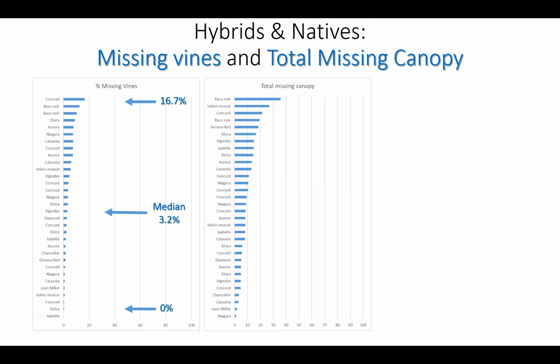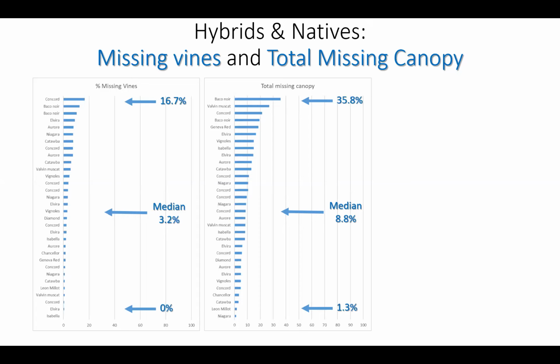So again, in the natives, a median of 3.2 up to 16.7 was the range there. And that allowed us to add that onto the other missing canopy and come up with a revised estimate of 8.8% as the median value, and 35.8 as the maximum, and 1.3 as the minimum.